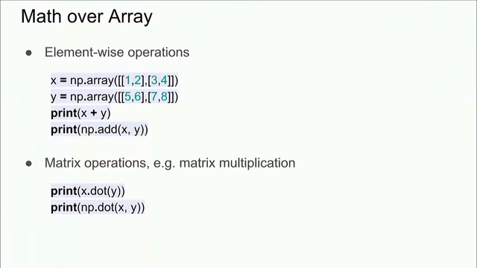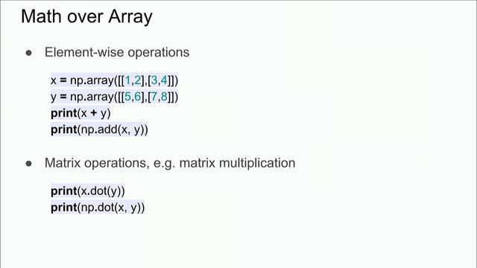So now we have seen how we can construct a NumPy array, and we have been discussing how we can access the entries inside the NumPy array. Now let's discuss a little bit about how we can do math manipulations over these arrays, or these matrices or vectors.